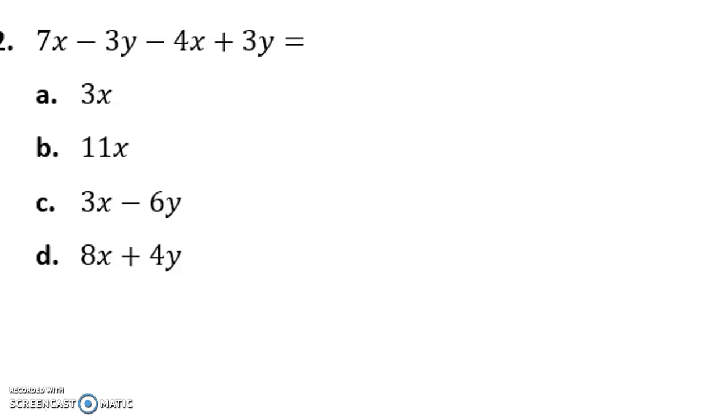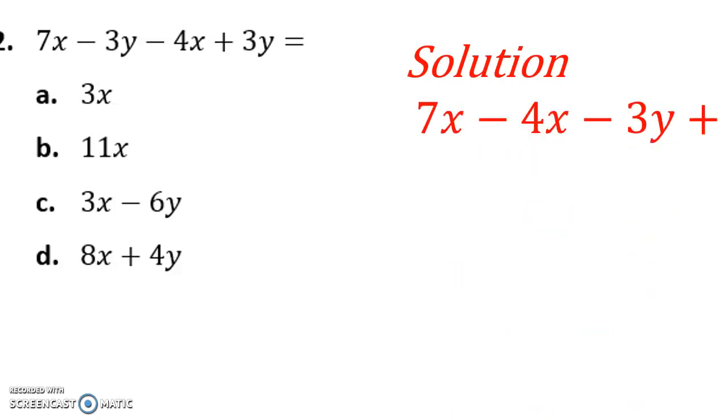For the second question, we have 7x minus 3y minus 4x plus 3y equals. So the first thing we're going to do is group. Here's the solution.